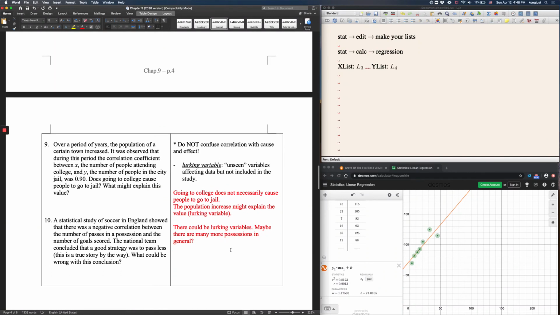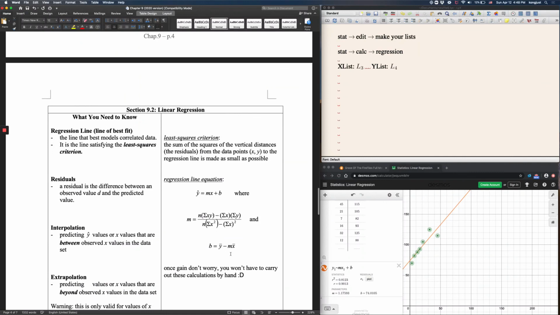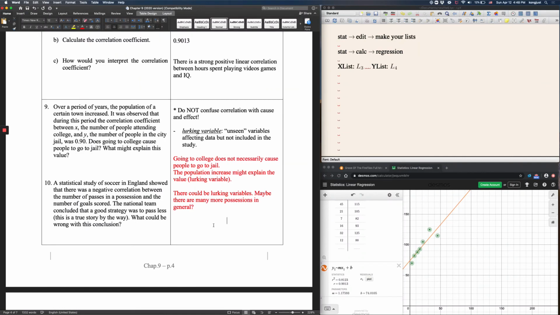Or it could be any number of things that you could think of. But what actually turned out to be the case for this one is, I shouldn't really say possession. It's actually the number of passes. It wasn't in a possession actually. It was the number of passes in a play.